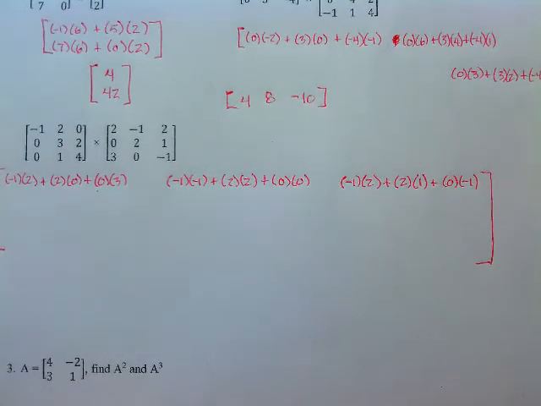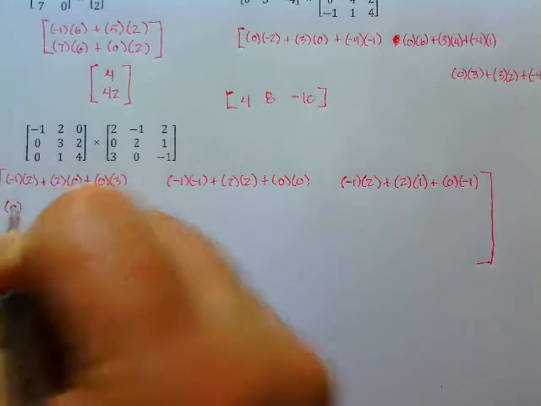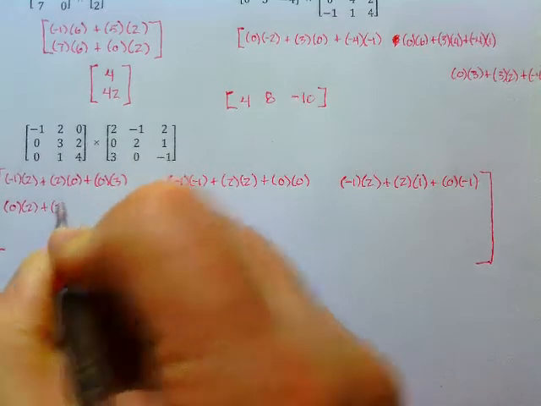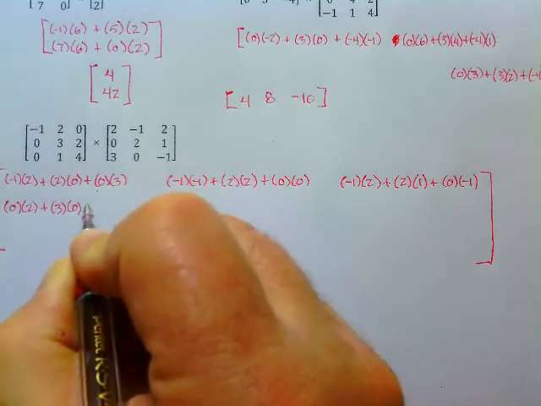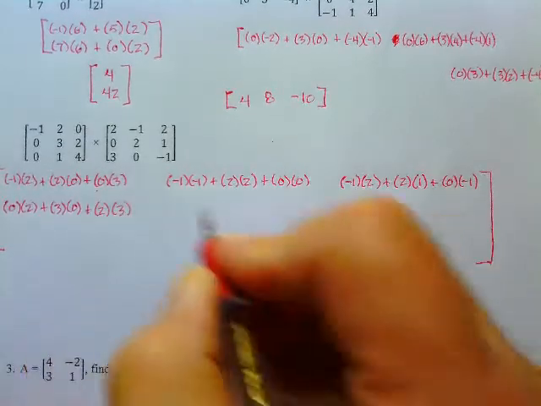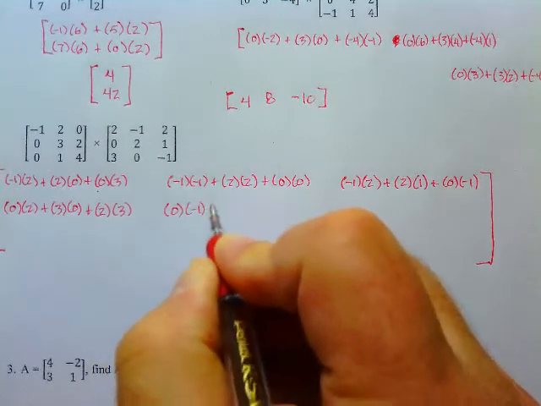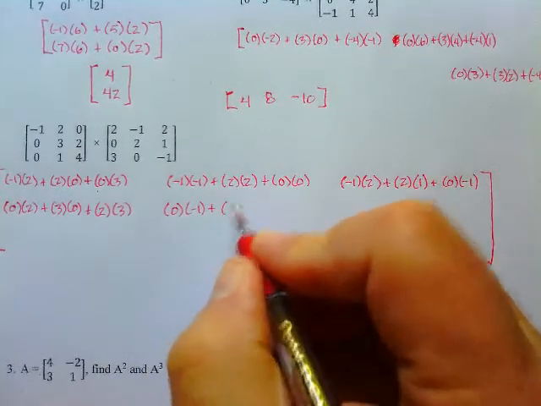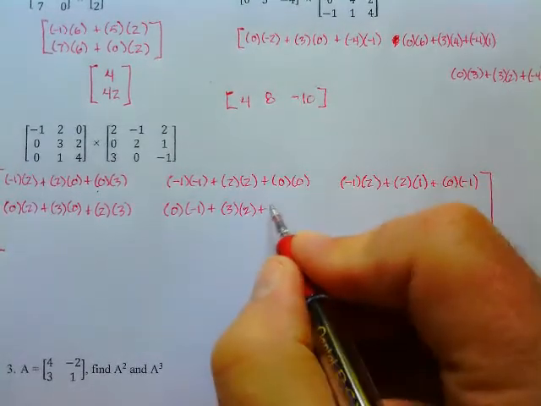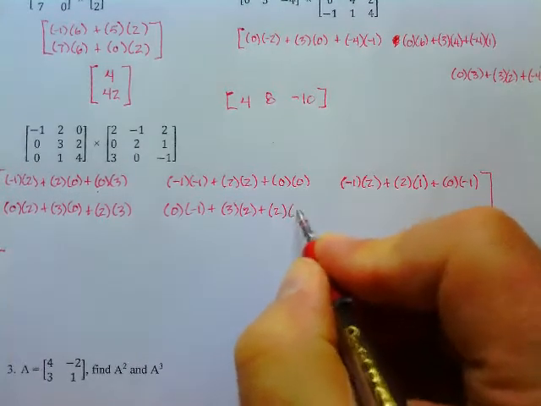Alright, now we do our second row. So we're going to have 0 times the 2 plus 3 times the 0 plus 2 times the 3. And then here, 0 times the -1 plus 3 times the 2 plus 2 times the 0.